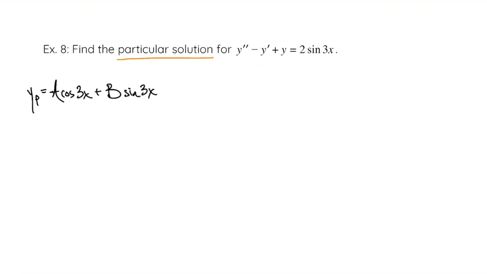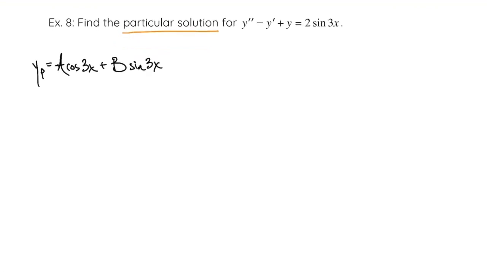If you prefer to use a sub 1 and a sub 2 instead of a and b, that's also okay. Everybody has a personal preference. I would just try it out, but you want to make sure that you do not use the same letter in more than one place. So let's find our first derivative. Let's find our second derivative.